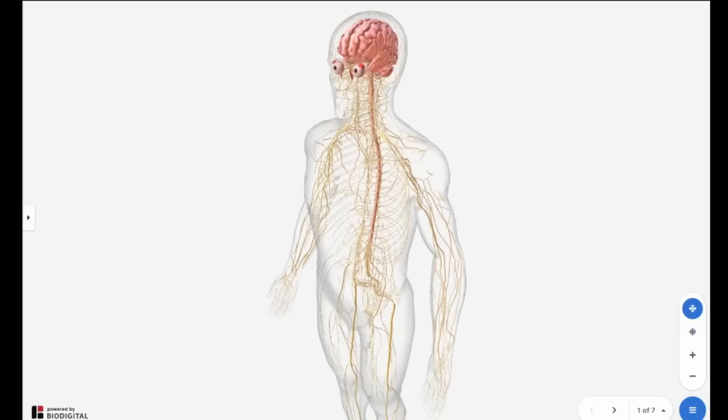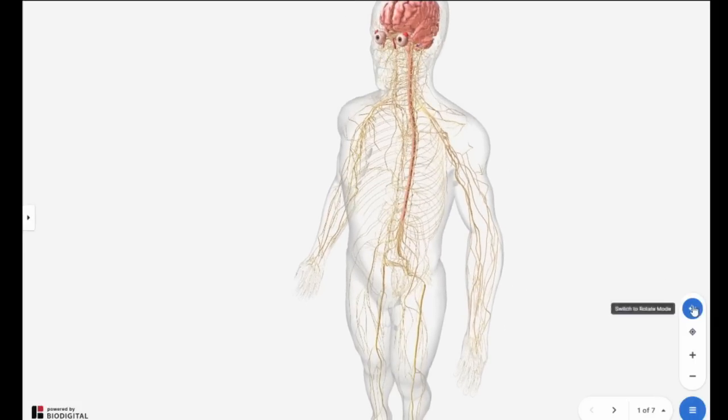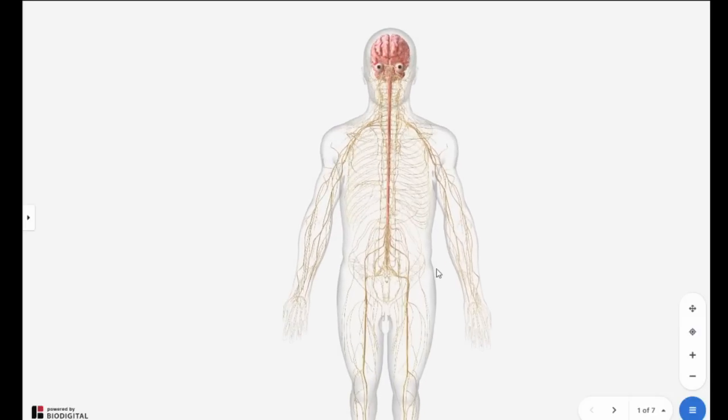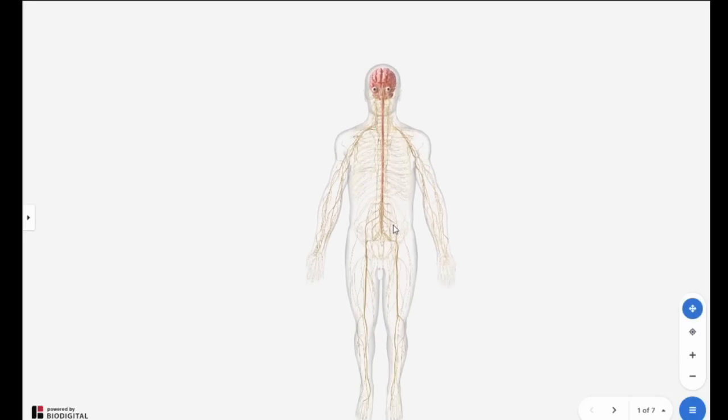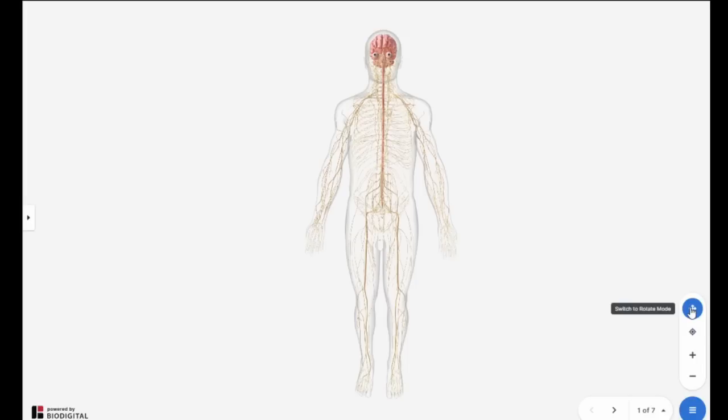As an example, I will be using a male nervous system. However, this is similar to a female nervous system. So this is the male nervous system.